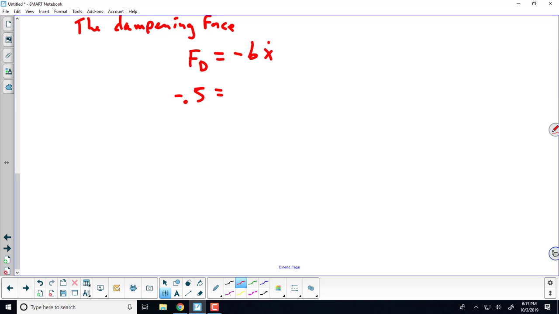So this would be negative b times 0.25. And so we get that b is equal to 4. Oops, I'm sorry, we get b is equal to 2. Okay.